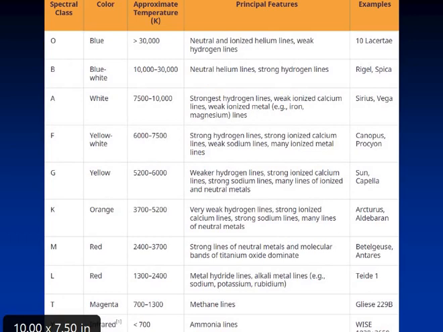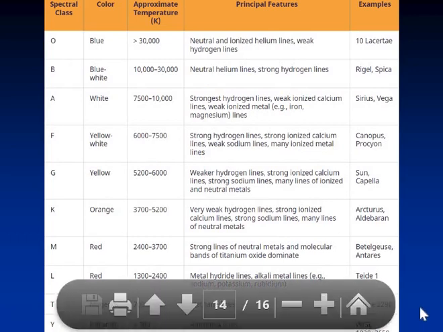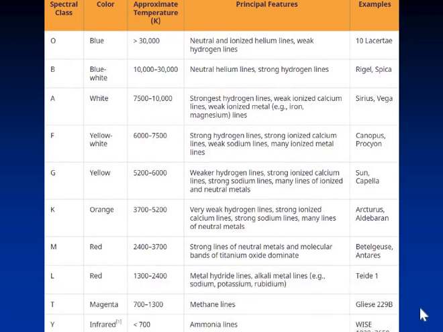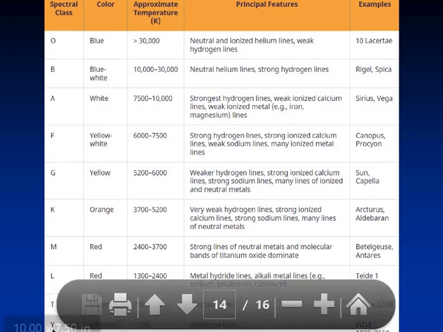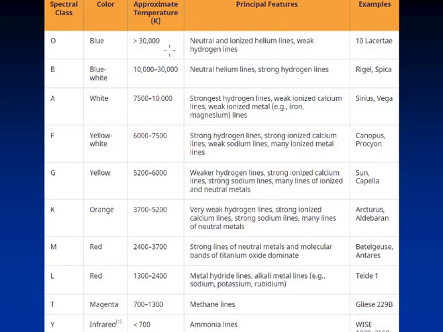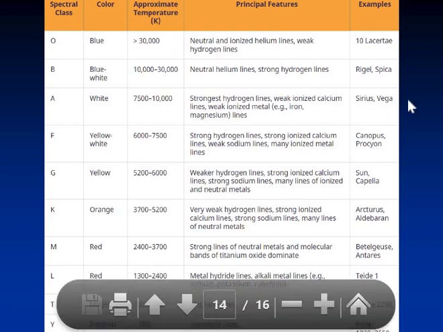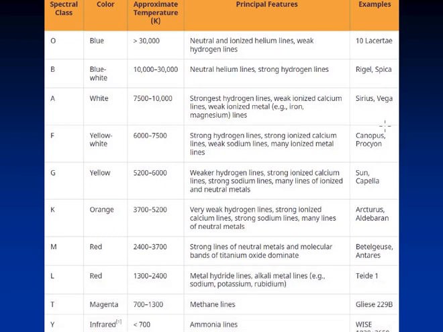Here I have basically summarized the various spectral classes: O, B, A, F, G, K, M, even L, T and Y. The principal features, the temperatures, which of course are very low for some, and some examples.